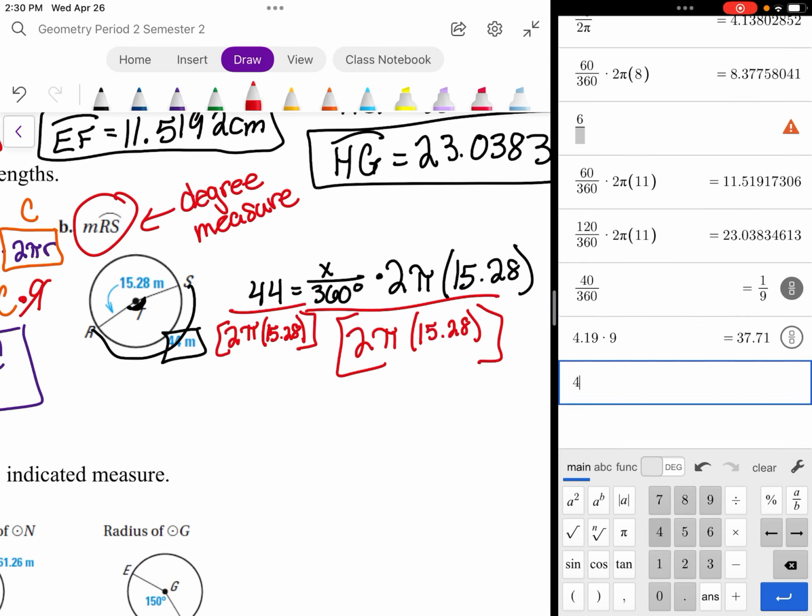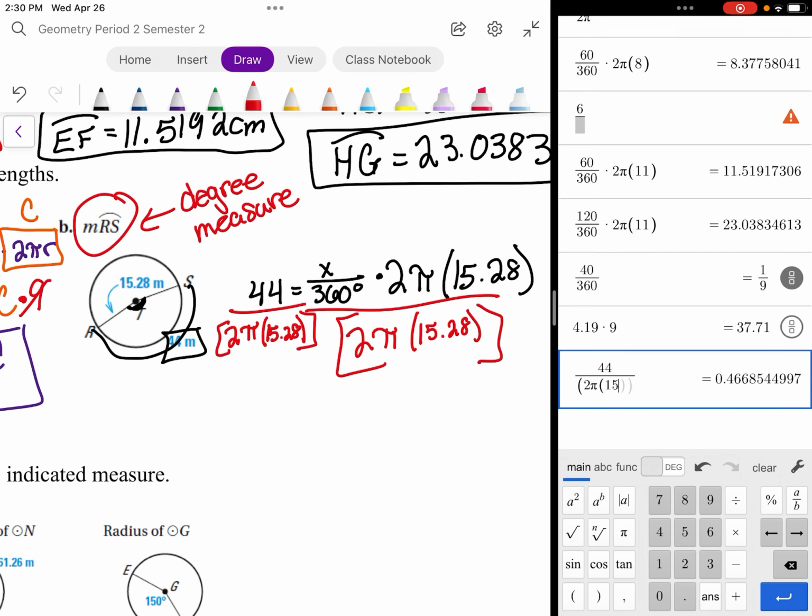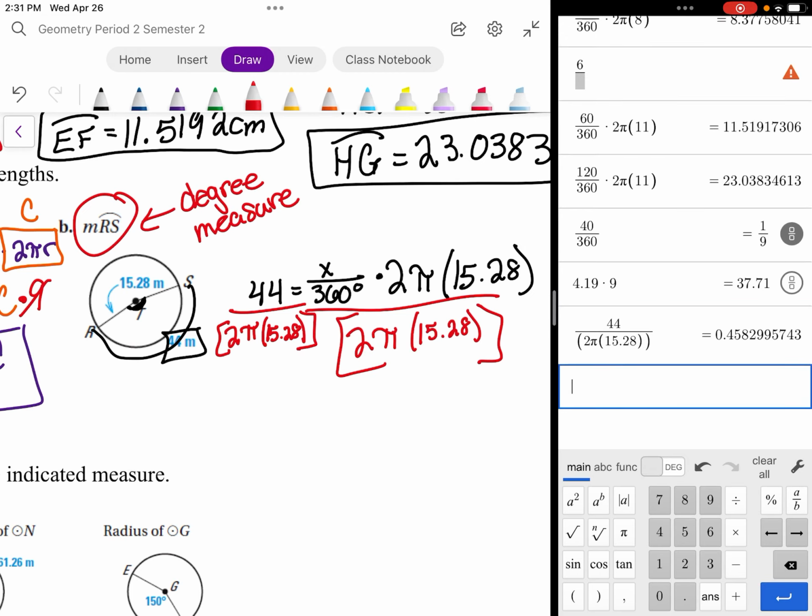So when you type it in, you're going to have 44 divided by, and on the classroom set of calculators, the reason you're putting it in parentheses is so that when it follows PEMDAS, it's not going to divide 44 by 2 and then multiply by everything else. It's going to multiply everything in the denominator first, and then it's going to do the division, which is what we want it to do.